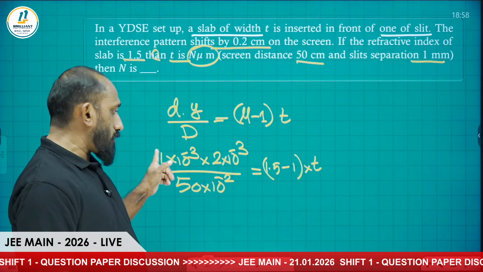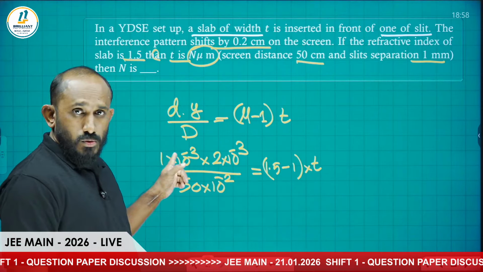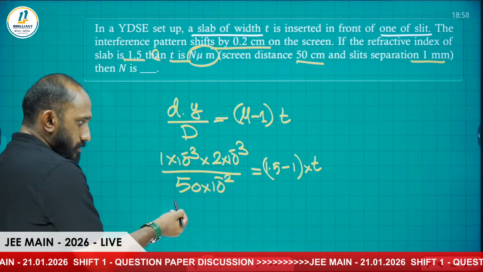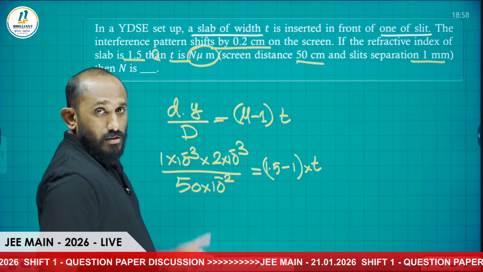So T by 2, you multiply with the 2, so it will be 2 into 2, 4, so 4 by 5. Cutting the powers, minus 3 and minus 6, it will be 2 micrometers. So the answer is 2.